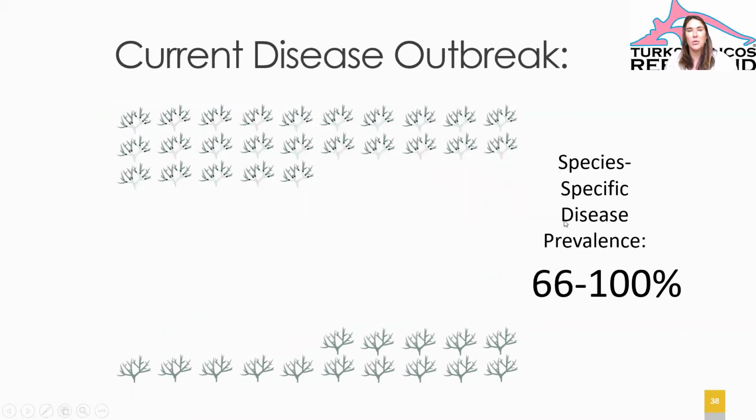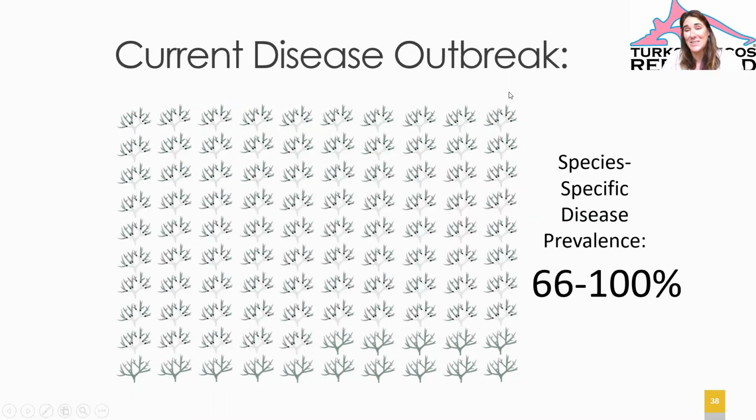Now, if we change over here, we're looking at our current disease outbreak. This is now species specific to the 20 plus susceptible species. But of those species that are susceptible, we are seeing 66 to 100% of the colonies on a reef getting this disease. That is absolutely huge.